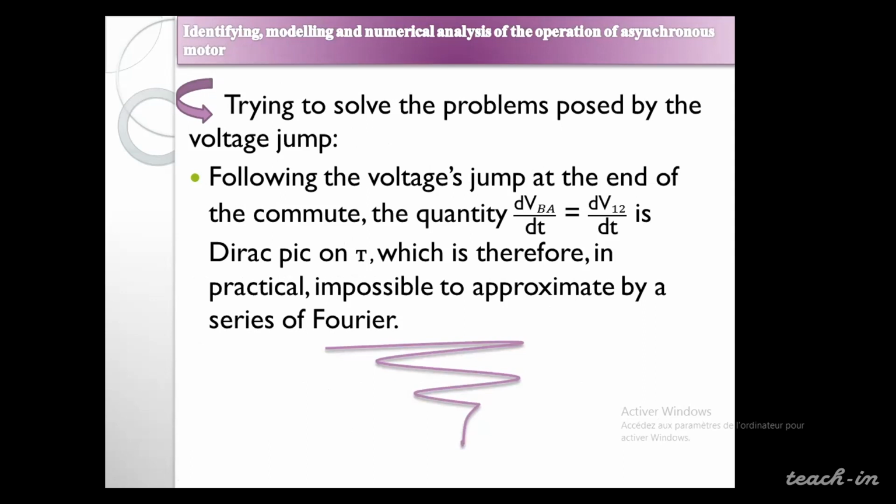So following the voltage jump at the end of commutation, the quantity is a Dirac peak in tau, which is therefore impractical and impossible to approximate by a Fourier series.